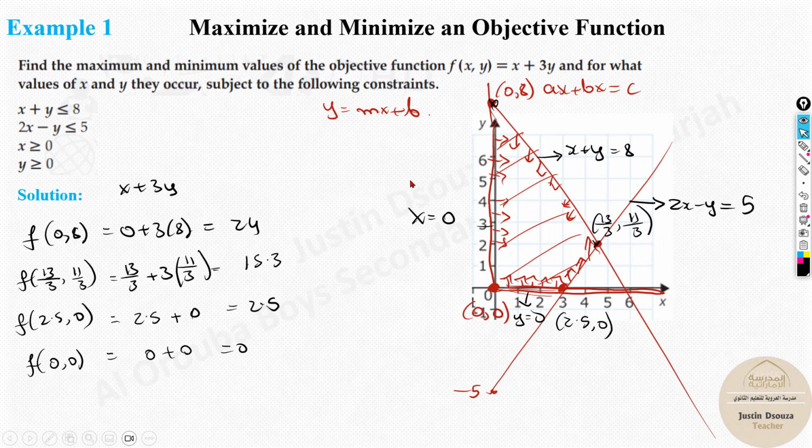So this is how we basically solve it up. The step one would be just converting these to slope intercept form, then graphing, and then putting it in the vertex, and then solving it up.